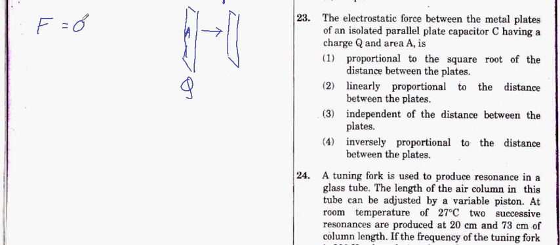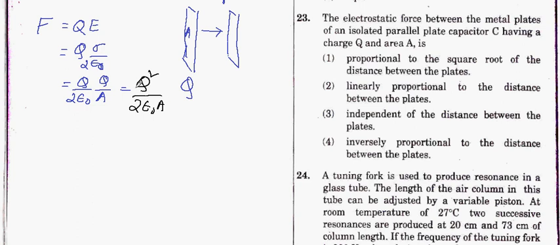That force is actually Q into E, and by Gauss law we know that the electric field between two parallel plates is sigma by twice epsilon naught. Now sigma means q by a, so the force will be equal to q square by twice epsilon naught a. So that is the expression for force.